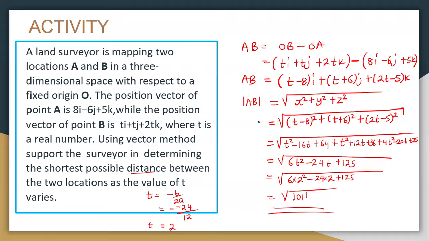Just stopping here. Yes. Now here, because they want the shortest possible distance at any point, this is the shortest that we can ever have, no matter what value of t it is. So we go up to this point, we continue, and we go ahead and find the value of t.